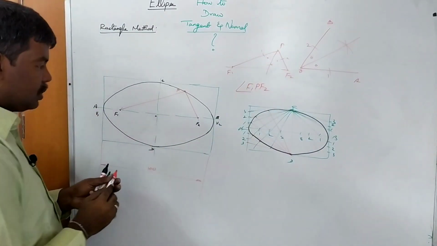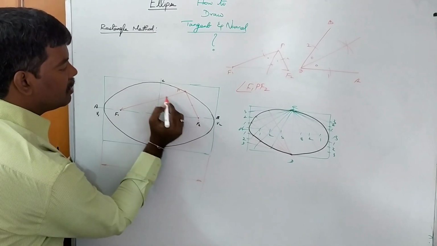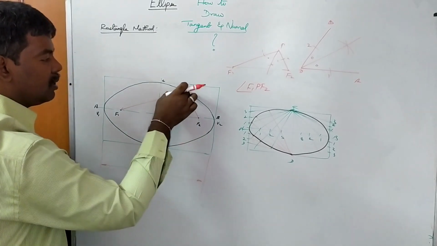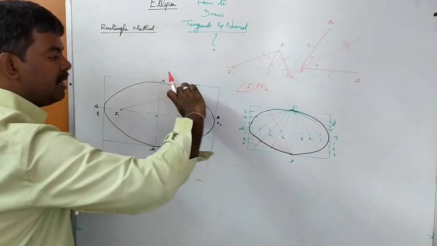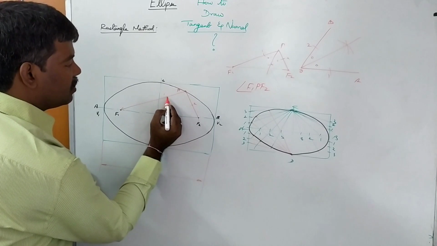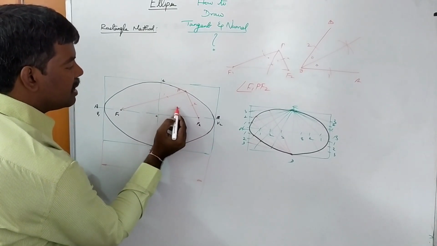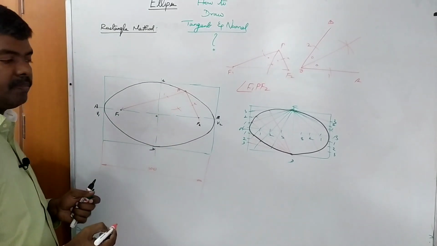Like that, here also from P you take some radius x and get points 1 and 2 on the lines PF1 and PF2. Next, with the same radius or some other, 1 as the center draw one arc, and 2 as the center intersect that arc.